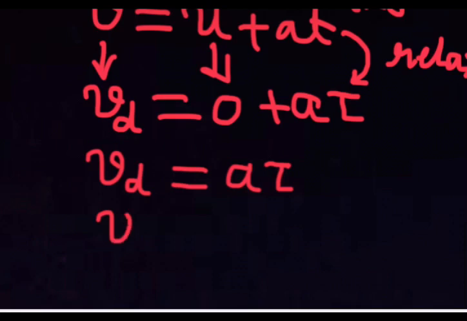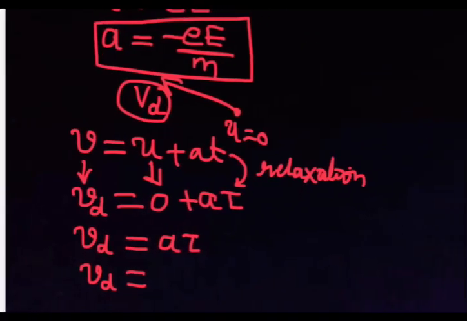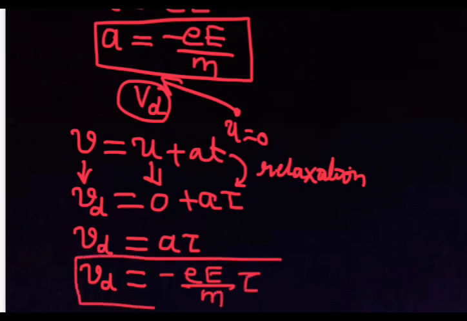Now replace the acceleration with the expression we just derived. So this is nothing but minus eE by m into tau, where tau is the relaxation time, the average time between successive collisions. So this is the derivation of the drift velocity. Drift velocity is equal to minus eE by m into tau.